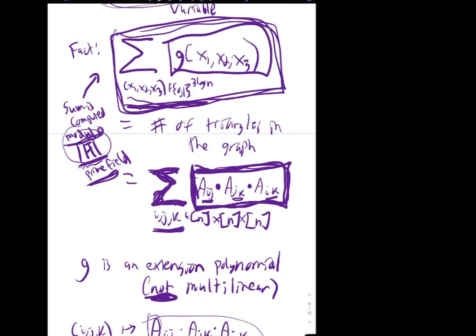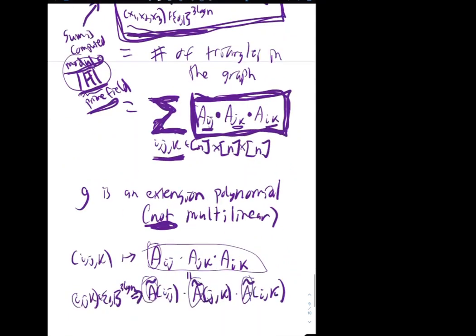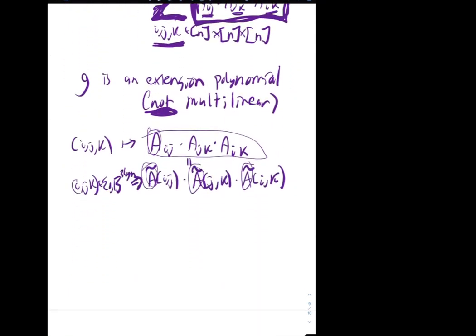Other questions? Okay. Let's talk about the costs. This is a complete and sound protocol. The soundness error is something like 6 log n over field size.